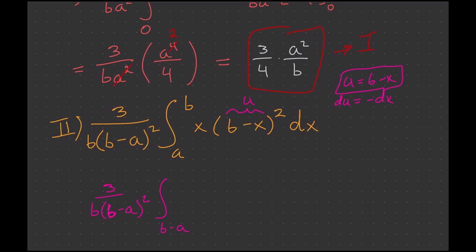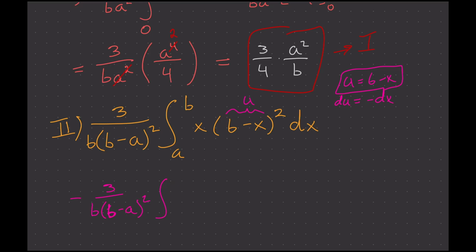Then we have here b minus b. I don't like this one bit, because b minus b gives you 0. And you need to have the lower bound be a smaller number. So we have to flip this integral, and the way we flip it is we add a minus sign over here.